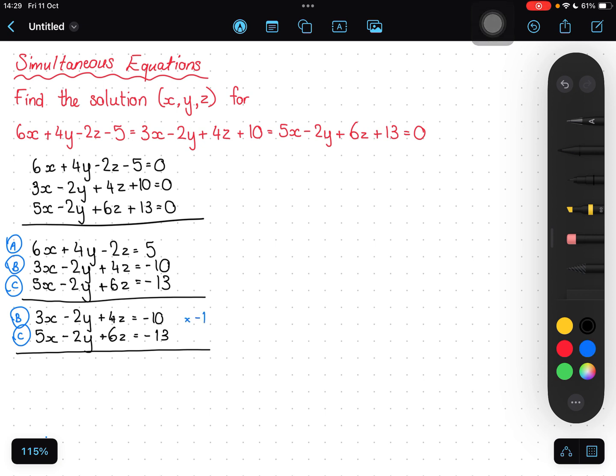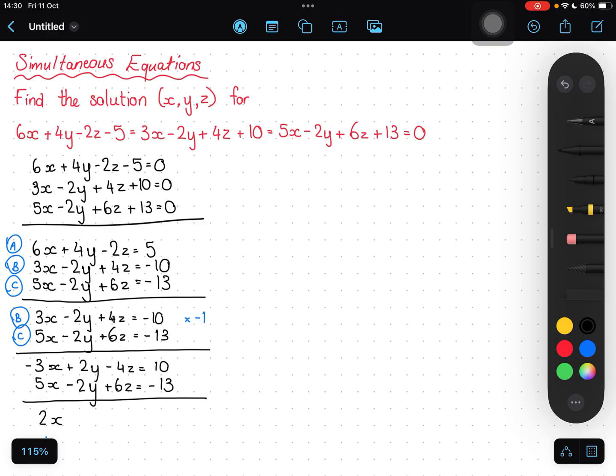Multiply across by that so that I will get minus 3x plus 2y minus 4z is equal to 10. And I won't change the bottom line. So now I'm in a situation where I can add the 2 lines. Again, if you're watching this and you think you know what I'd do next, just pause the video and see how you'd get on.